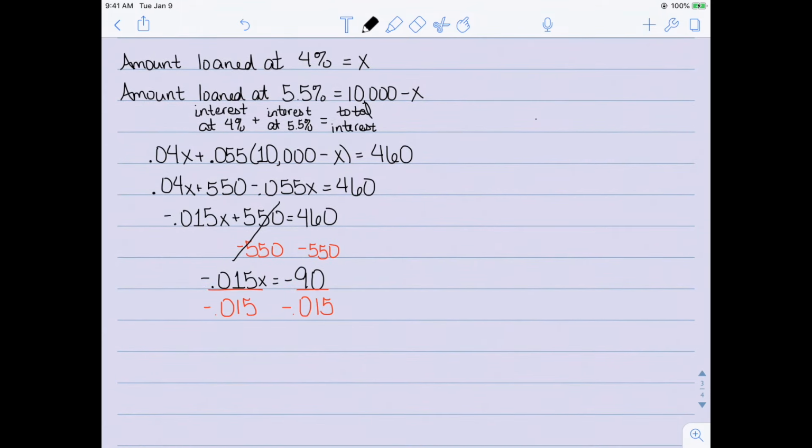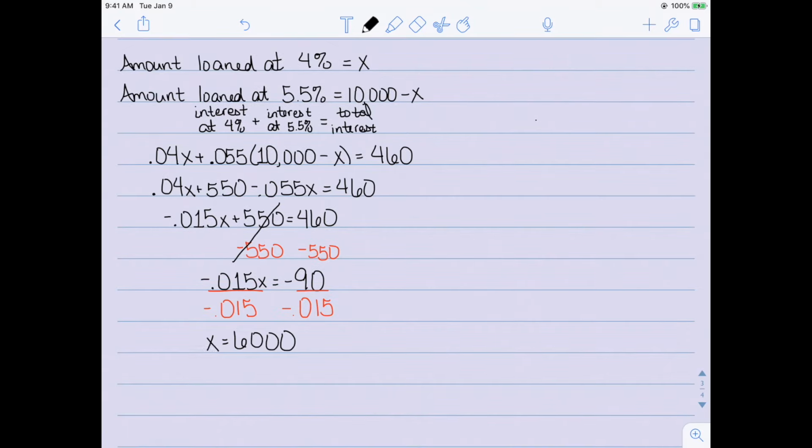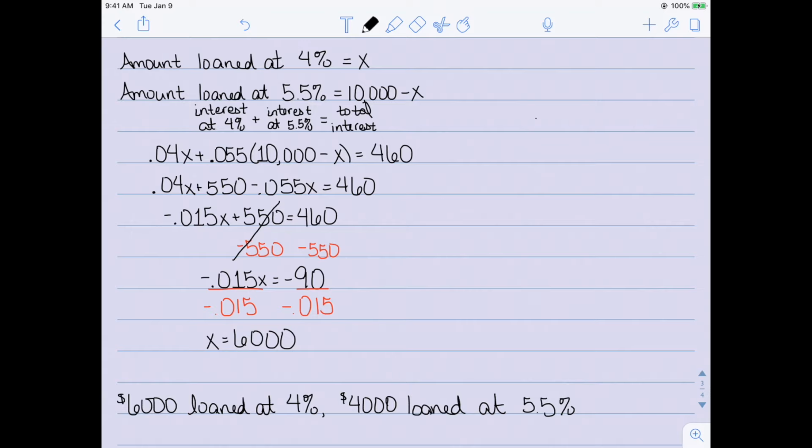We then divide both sides by negative 0.015. And that would give us that x is 6,000. So now we have the answer to the problem. So we know that $6,000 was loaned at 4%, which means the remaining $4,000 was loaned at 5.5%.